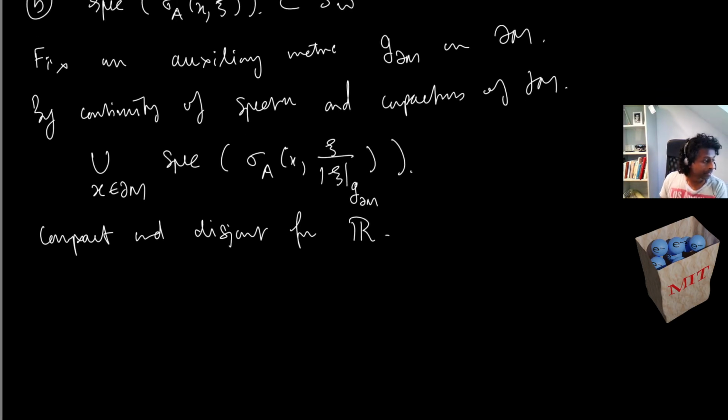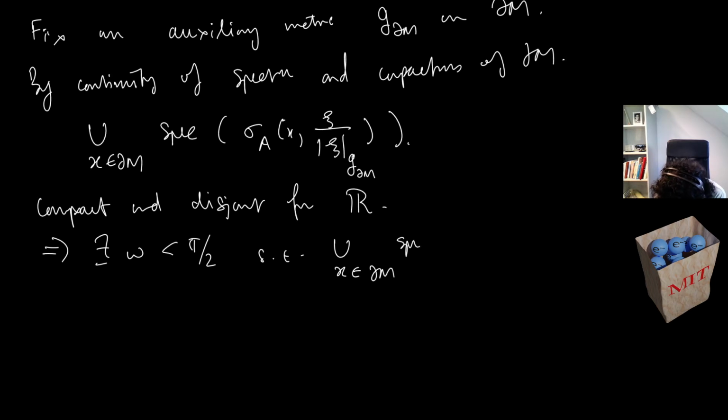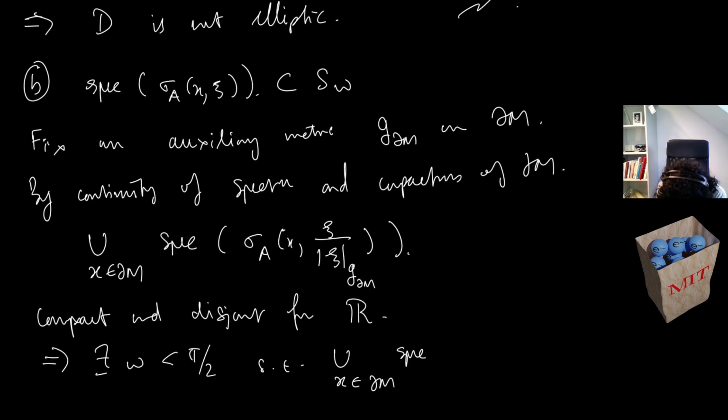Okay. So that means we have the existence of some omega, in fact an omega less than pi over 2, such that the union over x in M of the spectrum of, okay, so maybe I've made a tiny technical error here.